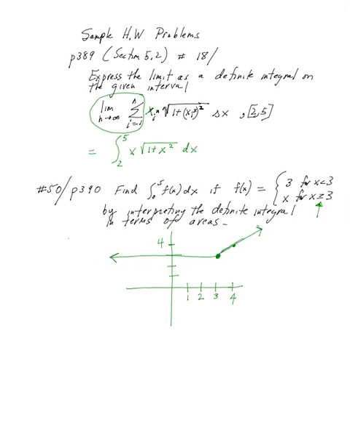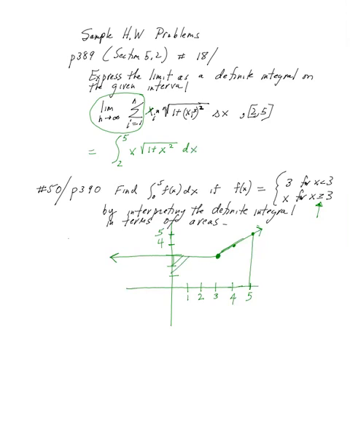Now, I want to find the value of the definite integral from 0 to 5. So let me stop the graph when x is 5. 5 is a point on the graph. Okay.